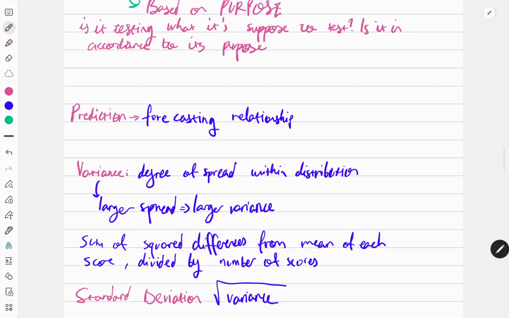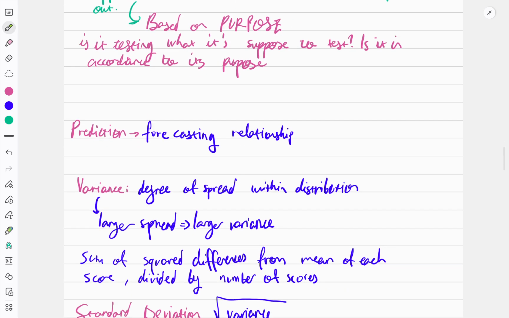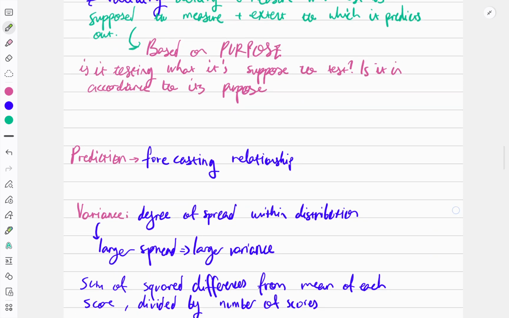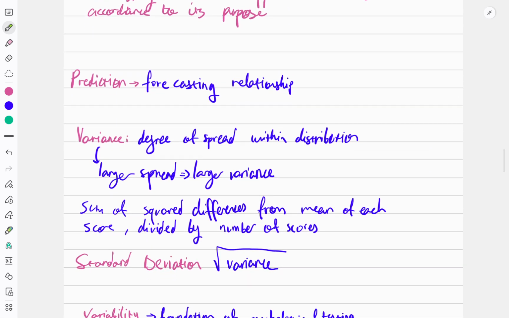Variance is the degree of spread within a distribution. So how much do our samples vary? It just means that if we have a larger spread, then we're going to have larger variance in our data. And variance is the sum of squared differences from the mean of each score divided by the number of scores.